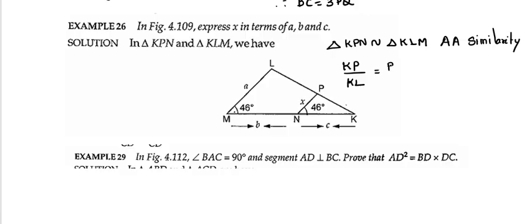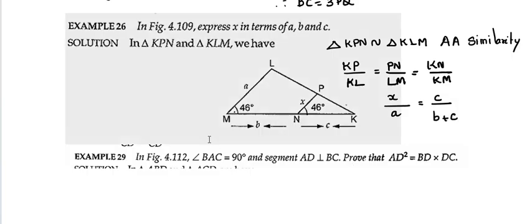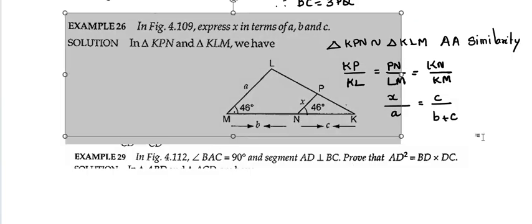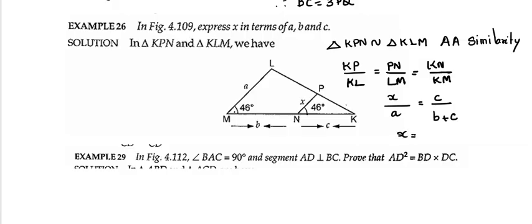KP by KL equal to PN by LM is equal to KN by KM. KP is not known, KL is not known. PN is x, LM is a, KN is c, KM is b plus c. So x is equal to ac by b plus c is the answer.